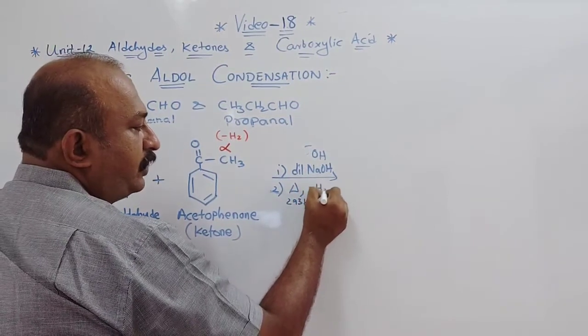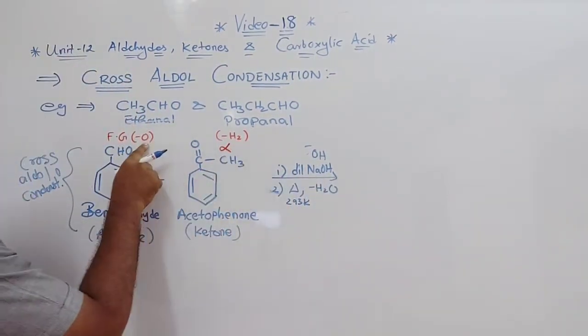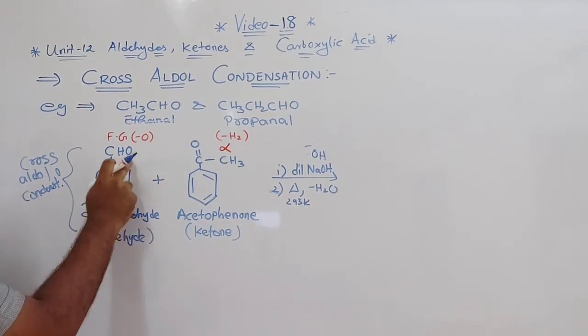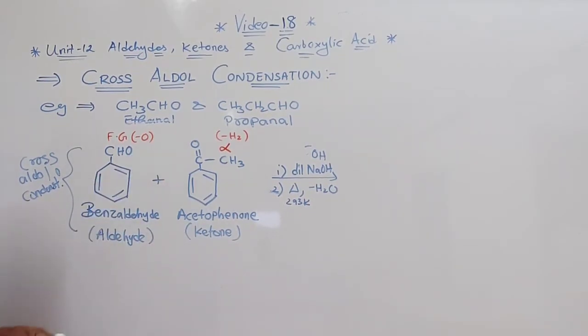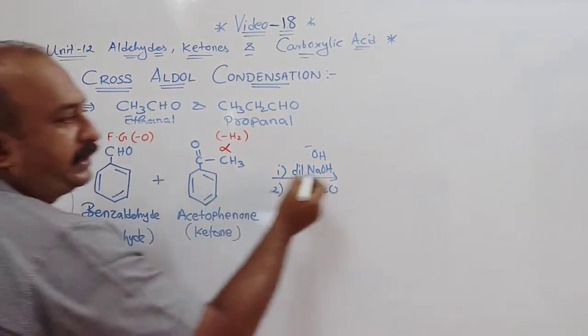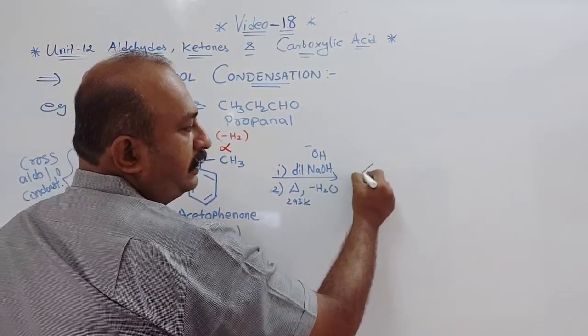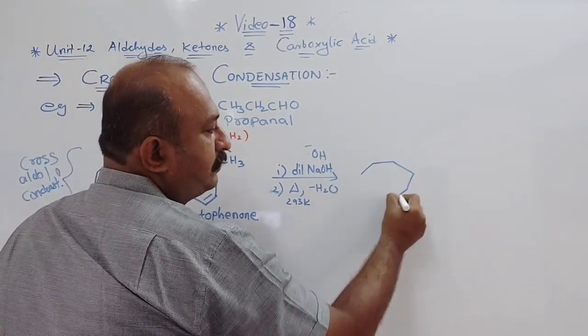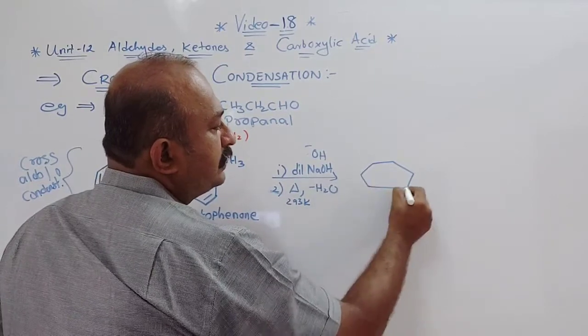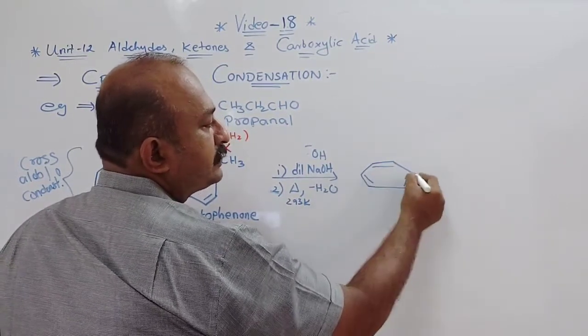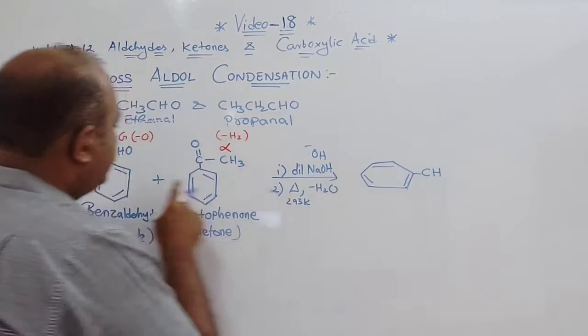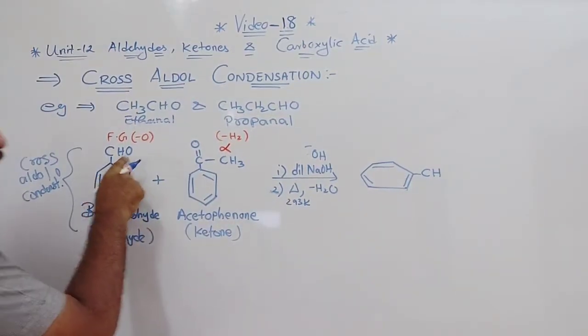Clear? So what will happen? A water molecule will be removed, H2O. So this part we will join. When you want to join, I will just write it like this so you will understand it easily. From here CH, oxygen is removed.